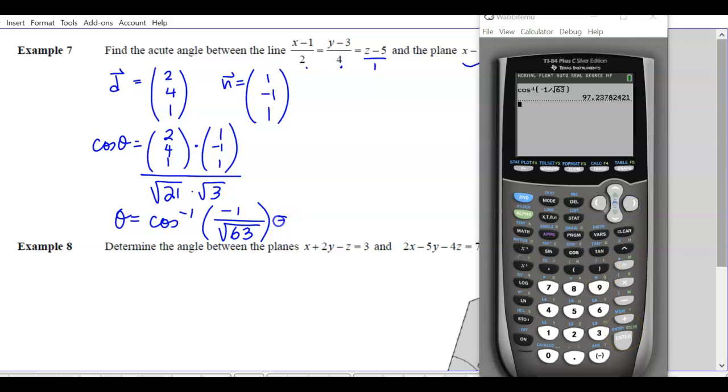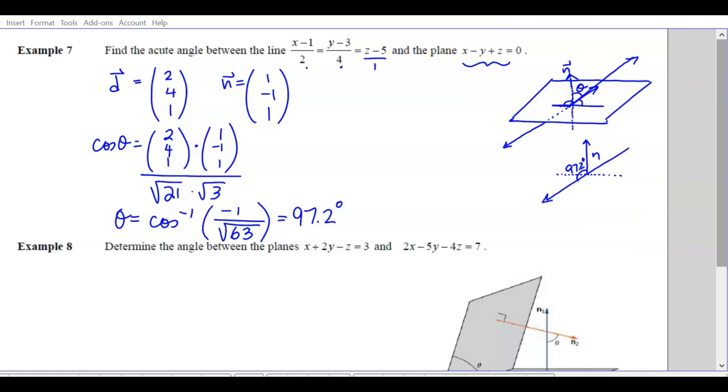So 97.2. It didn't say what to round to, so we'll go to 1 decimal place. Now think about what that looks like. Looking at this a little closer, I drew a different diagram so that it actually looks like 97.2. This is my line here, and here's my normal going upwards. So the angle between them is 97.2. Obviously I use the direction vector going in this direction.